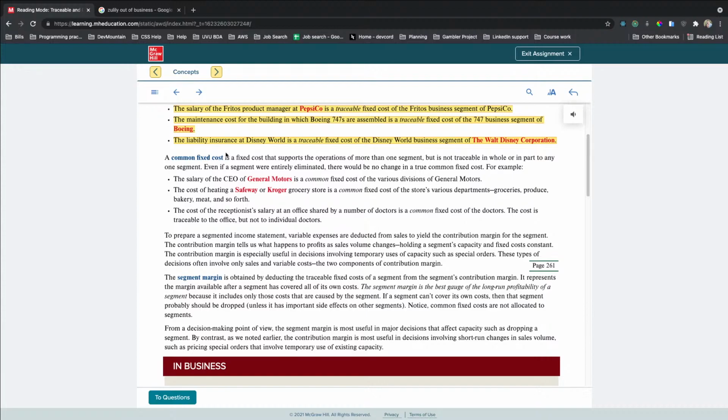Okay, I wrote down salary of product manager of business segment.